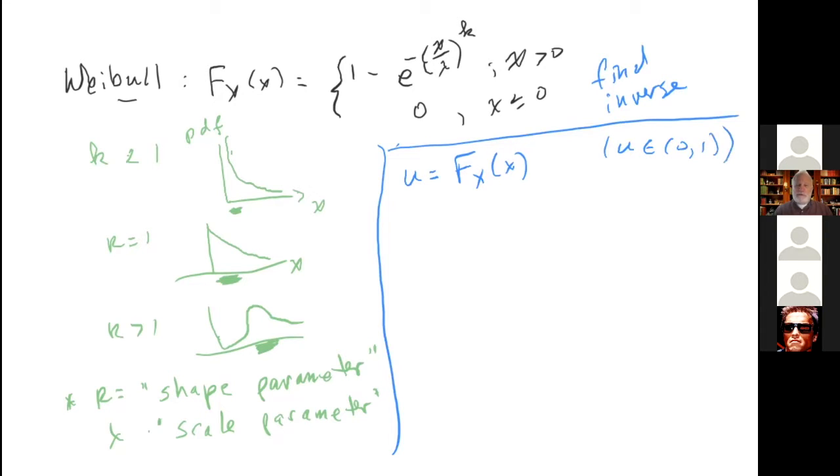Those are the values that will be generated by a uniform 0-1 distribution. You always start with this expression, and then you plug in the value. Now it's just a matter of algebra. What we want to do is solve for x.